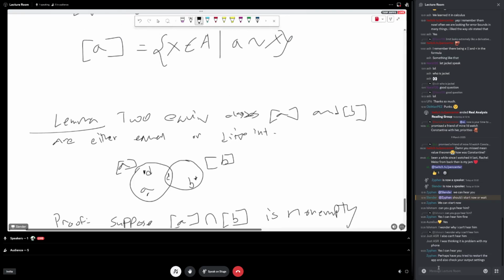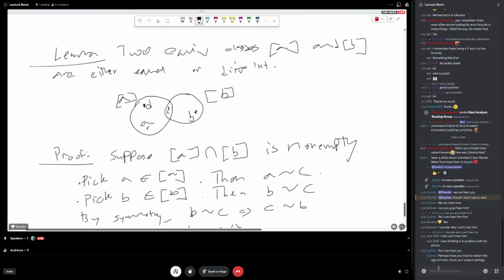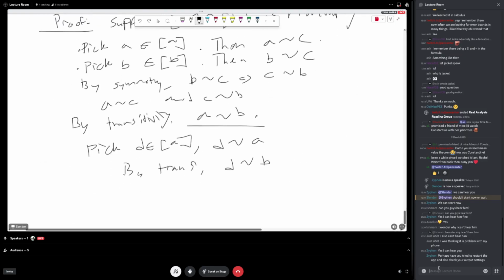This means that if we pick any element, it will be in both the equivalence classes if the intersection is non-empty. So that should mean that both of these are equal. I hope that makes sense.